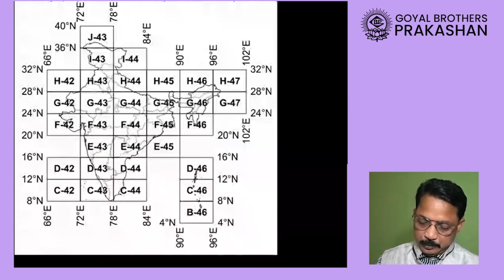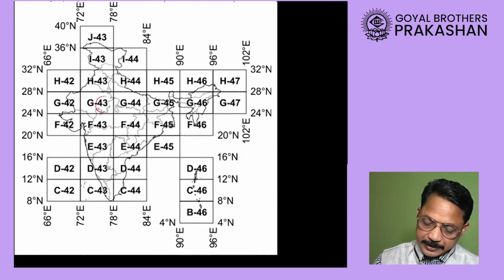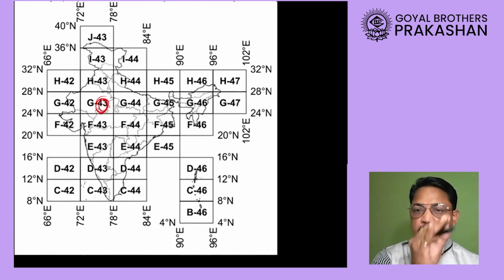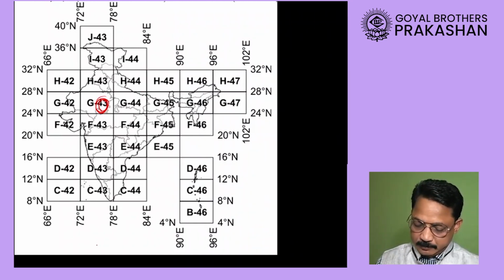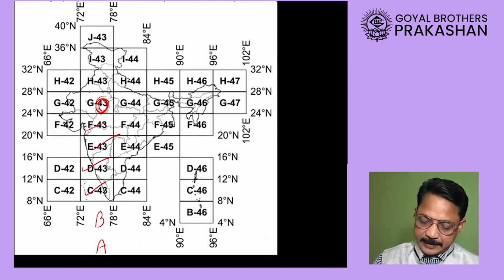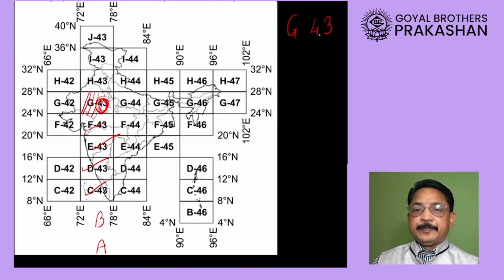So look at this in a better way on the map of India. Look at this number 43 from west to east, and when we move horizontally upward, we have already seen A, B, C, D, E, F, and G. So we have taken this section as G43.